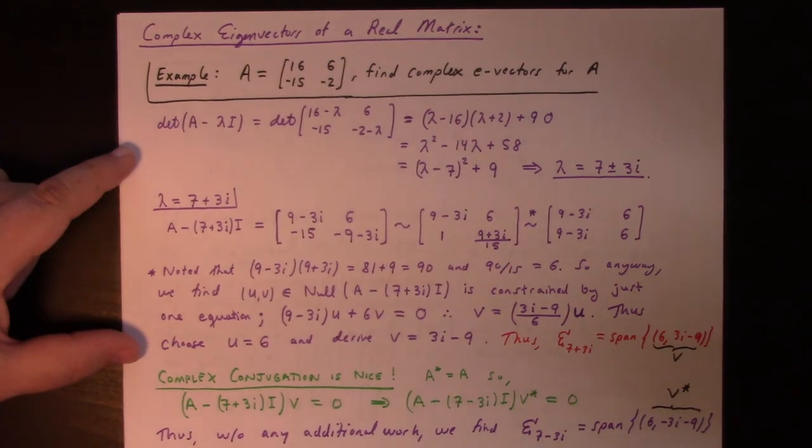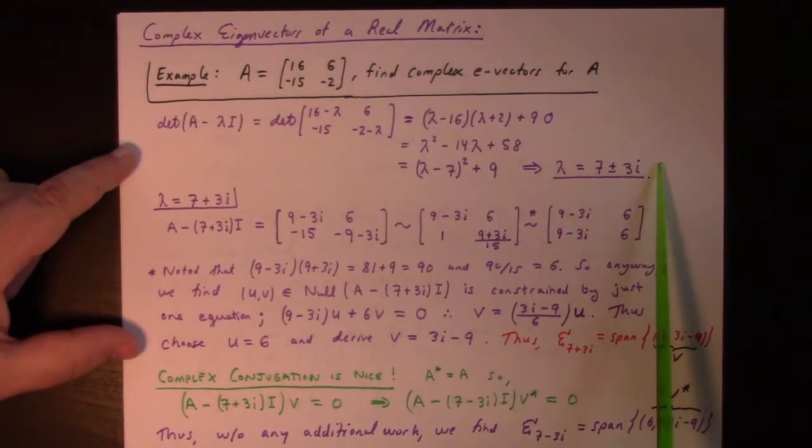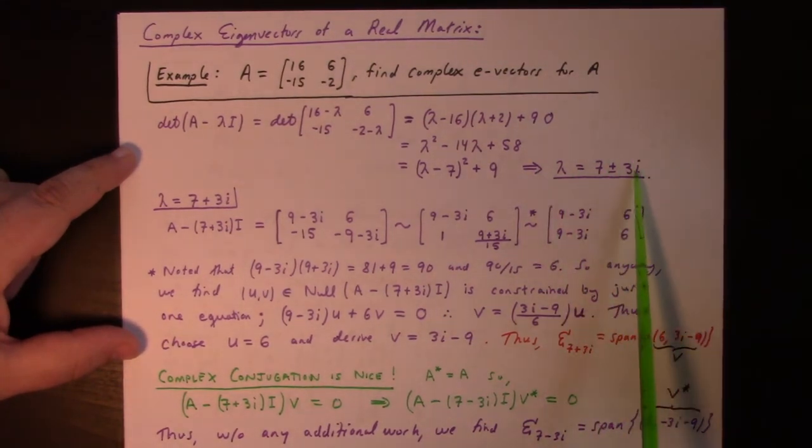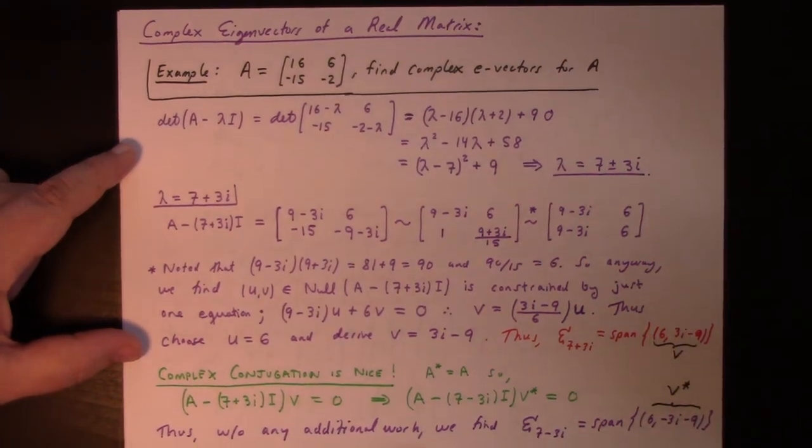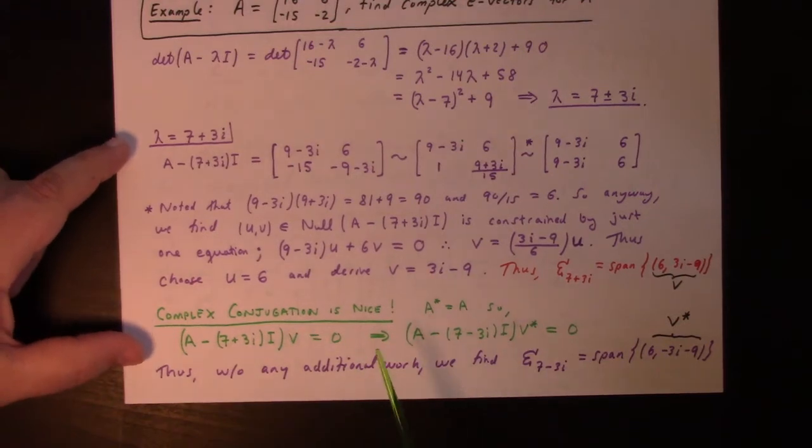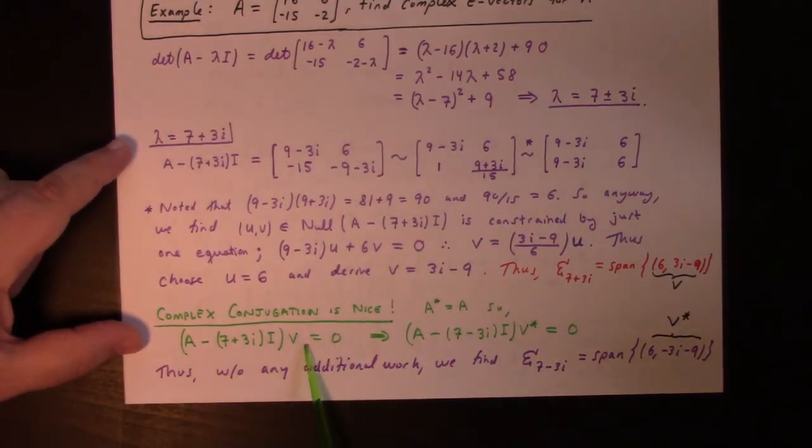Now, beautiful thing here, to find the eigenvector for the other eigenvalue, we can get it from simple complex conjugation. If our matrix is real, then when we take the complex conjugate of the eigenvector equation, A conjugate equals A, and I get 7 minus 3i.